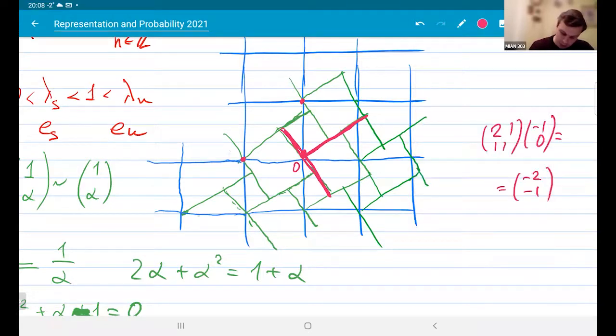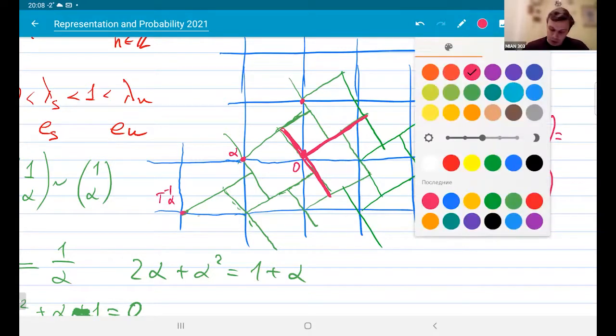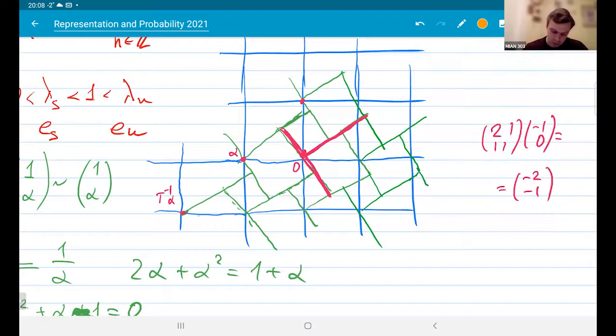Вот эта точка альфа, а это T в минус 1 от альфа. Точно так же, если я возьму вот эту точку бета, то это точка 0,1, и ее образ это точка 1,1. Вот она. T от бета. Простите, T от альфа здесь, конечно.